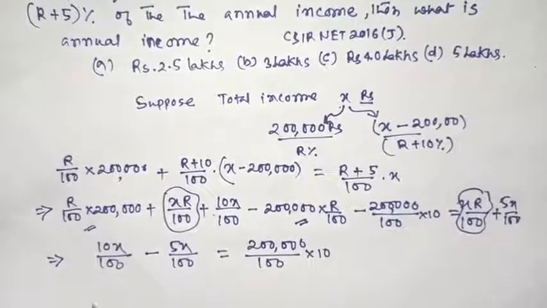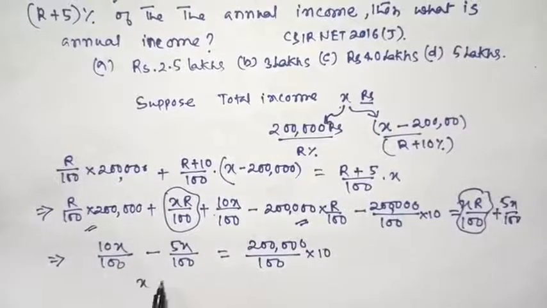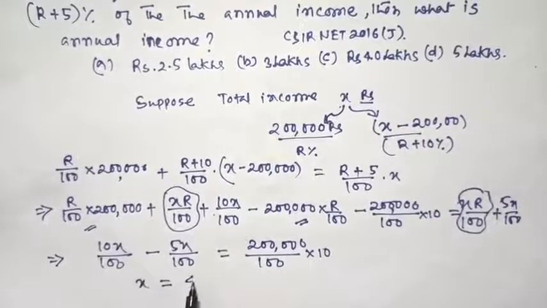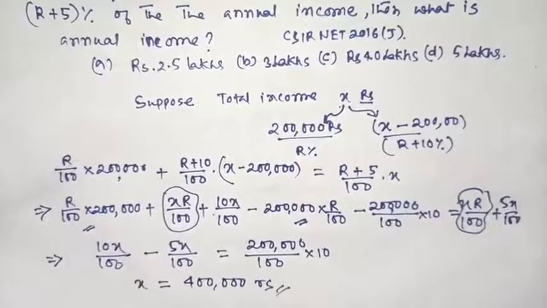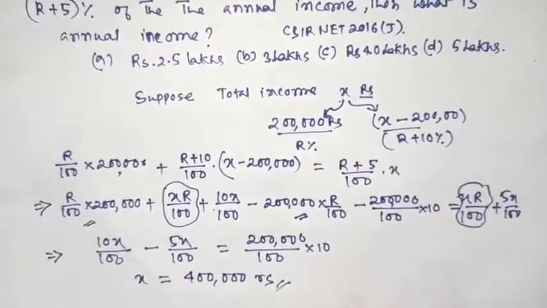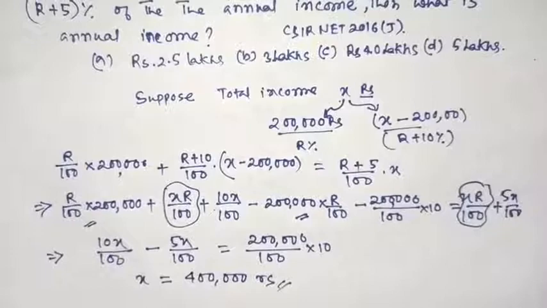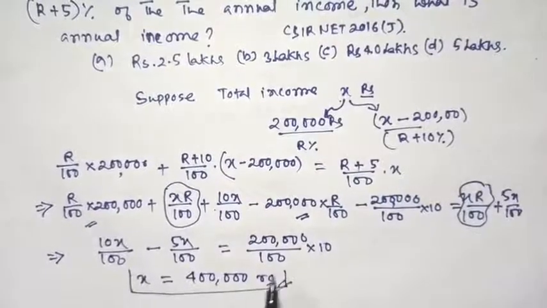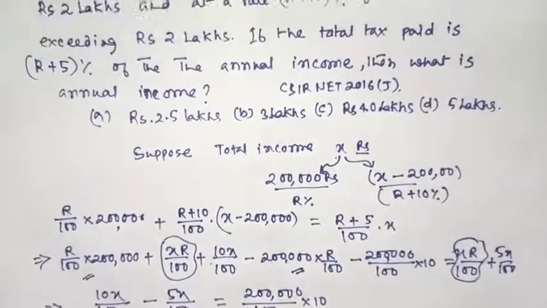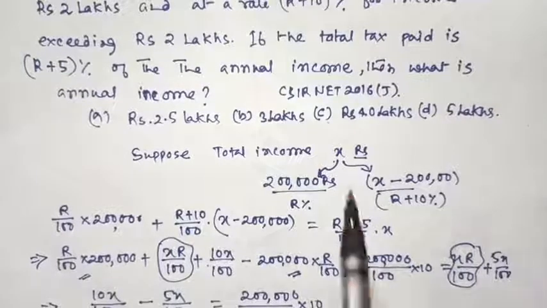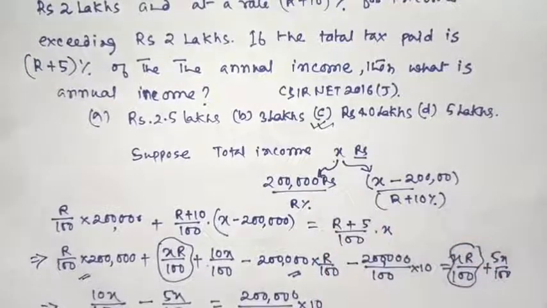If you solve this one, you will get x equal to 4 lakhs. So this would be the total income of the person. So out of the 4 options, which option will be correct? Option 4 will be the correct one.